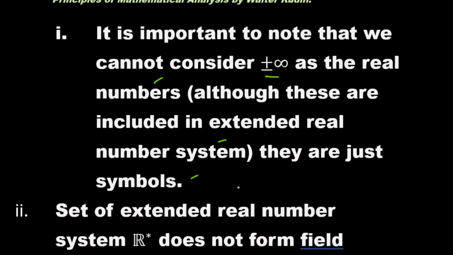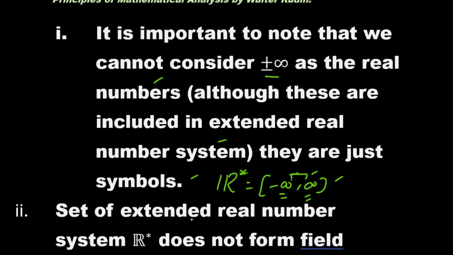Because in the extended real number system, you write R star is equal to the closed interval from minus infinity to plus infinity. This is your extended real number system, and both of the endpoints are included in this system, but still we cannot say that these are real numbers. Only those numbers that lie between these two symbols can be considered as real numbers.